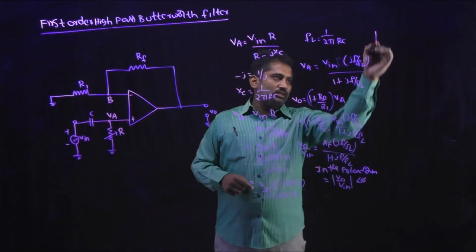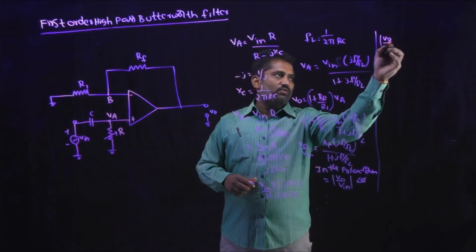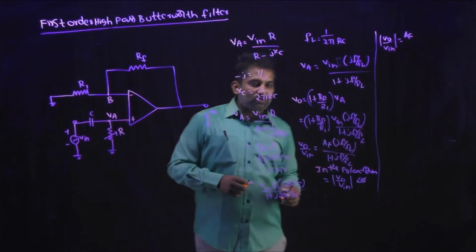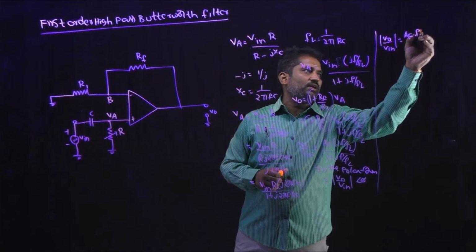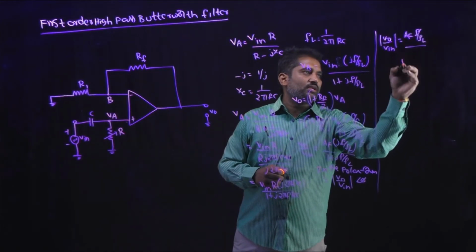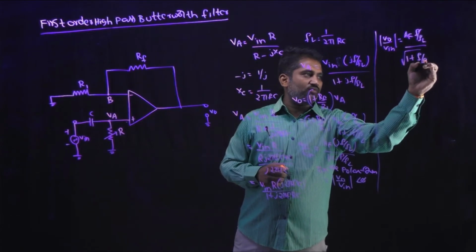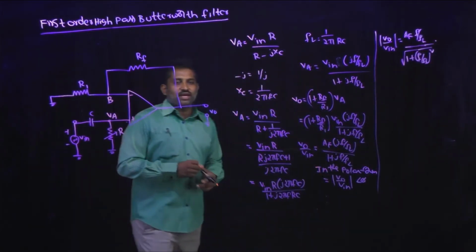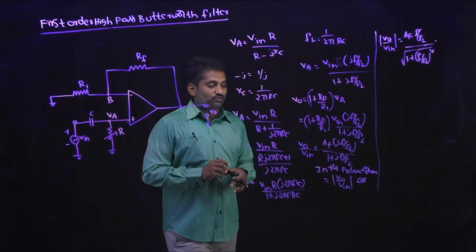Now first I am going to calculate modulus of V0 by Vin. Modulus of V0 by Vin is equal to AF into F by FL divided by square root of 1 plus (F by FL) square, which is nothing but the magnitude or gain of the transfer function.